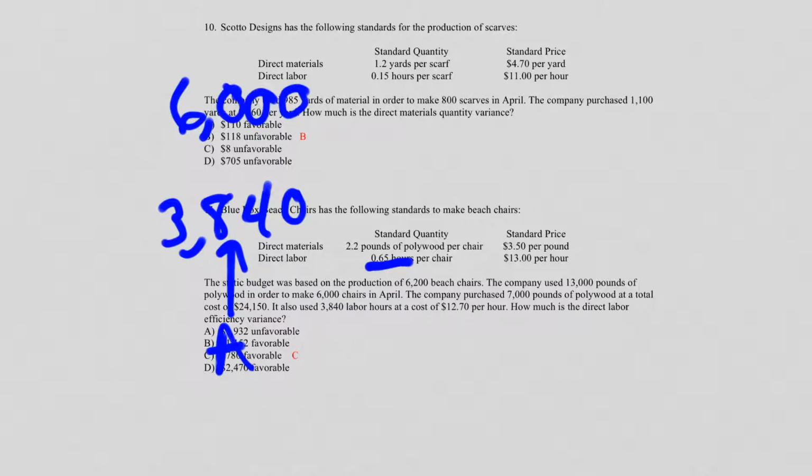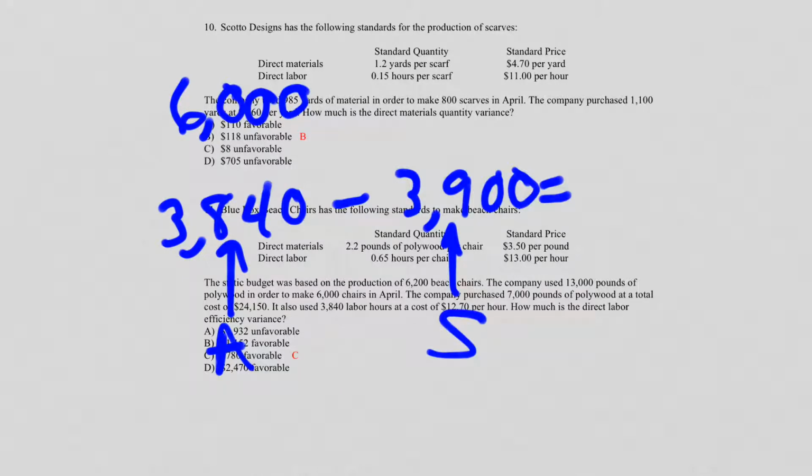So for 6,000 chairs, the budgeted amount of hours would have been 0.65 times 6,000, and that'll give us 3,900. And you can already see that we've got a favorable balance going on here because it's to our benefit. We used fewer hours than our standard amount told us we were going to use. That's the standard. How much is the difference? Well, it's 60. 60 times the budgeted rate of 13 per hour.